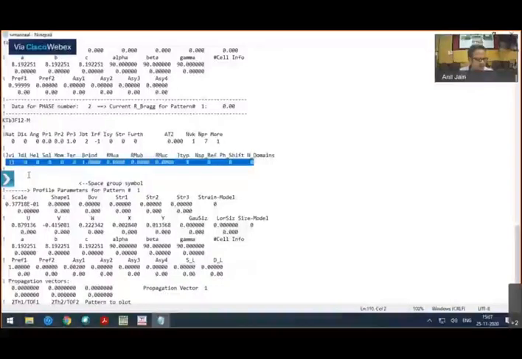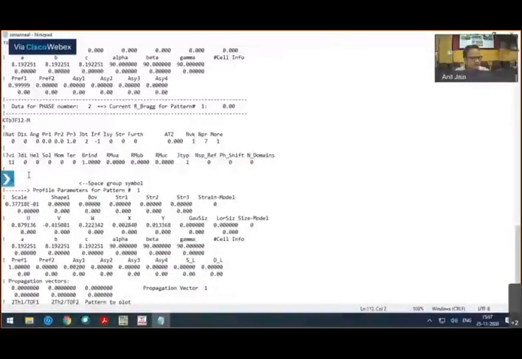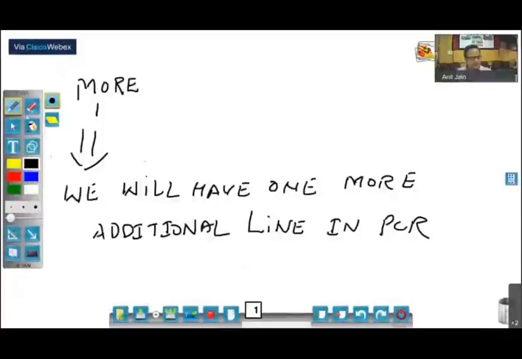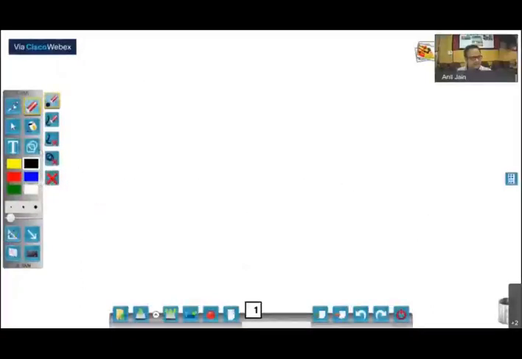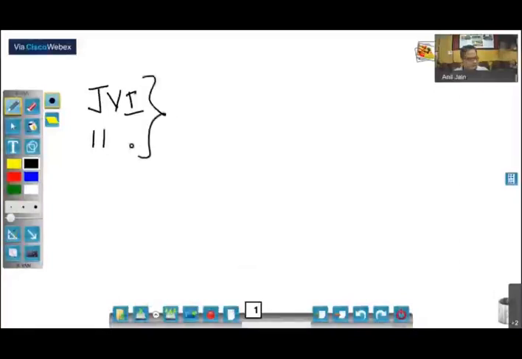Now, in this additional line, what we have is JVI. JVI equal to 11. What does it mean? We have here J, V, I, and we have the code 11.